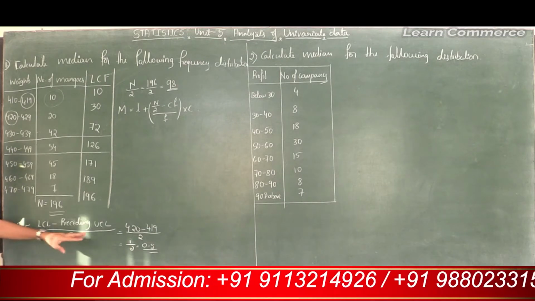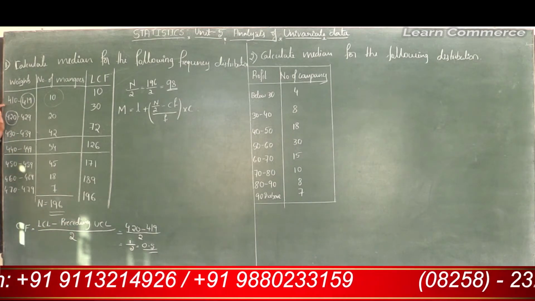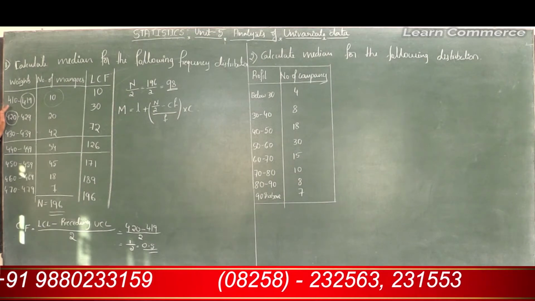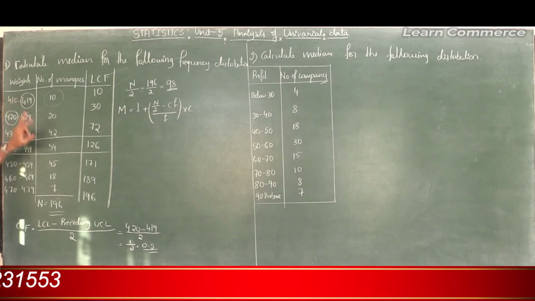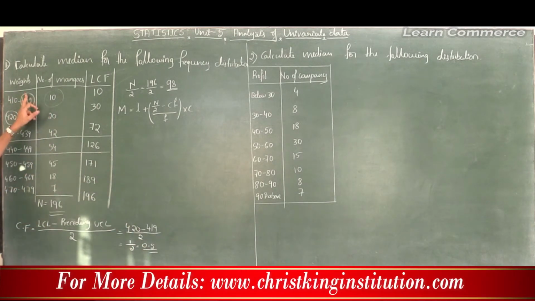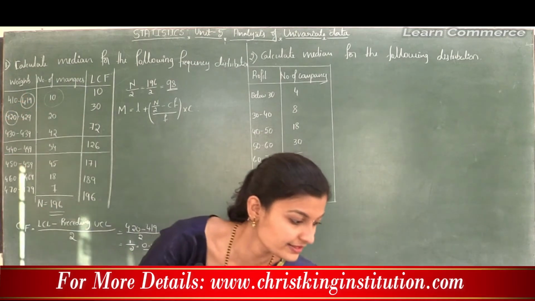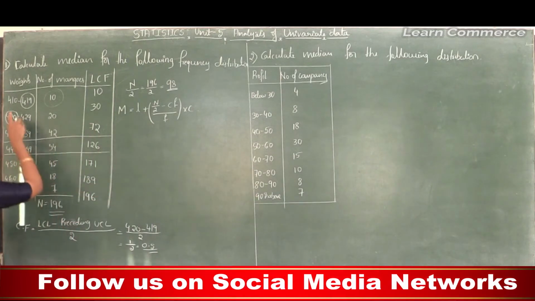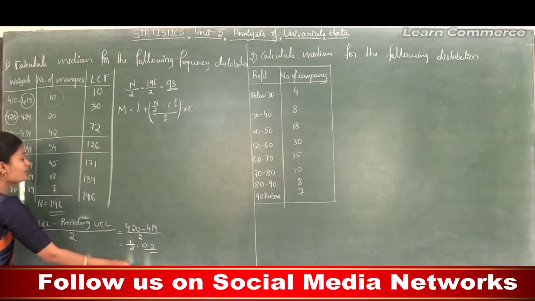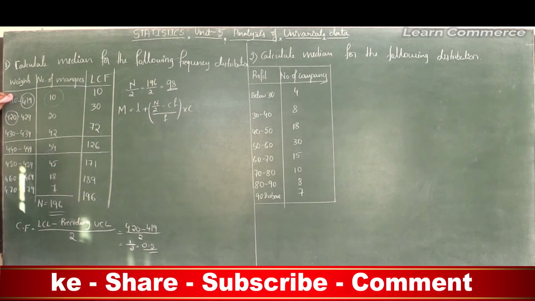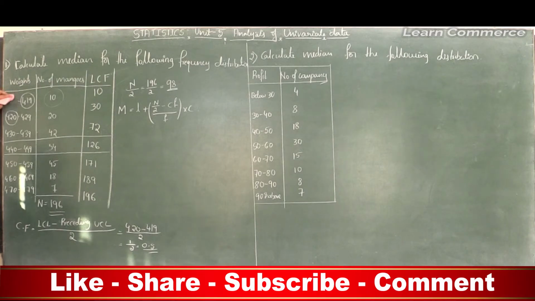After that, to get the exclusive class interval from this inclusive class interval, we need to subtract 0.5 from the lower class limit and add 0.5 to the upper class limit. So here the lower class limit is 410, and from this 410 we need to subtract 0.5, so the value is 409.5.